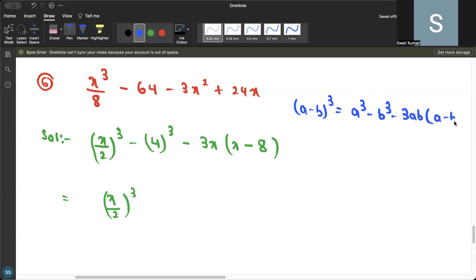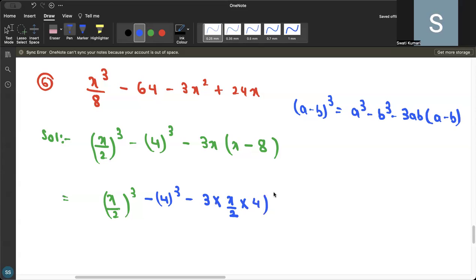So I'll just check: a cube is this, minus b cube is this, minus 3 into a into b. That means a is x by 2, and b is 4.